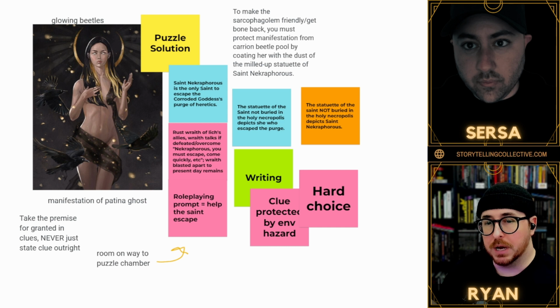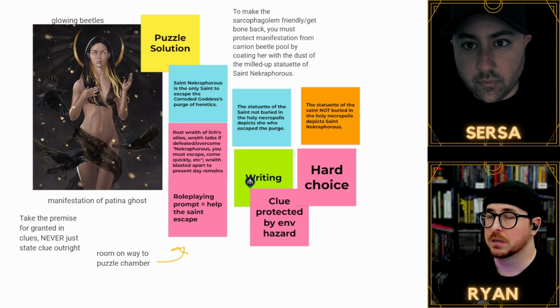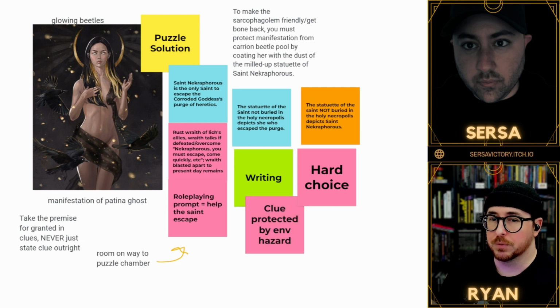And my idea potentially is that this is clue or hazard, but what if the writing is actually writing by the patina ghost, so it's written in some type of patina where they're at. That could be a way to redo her.